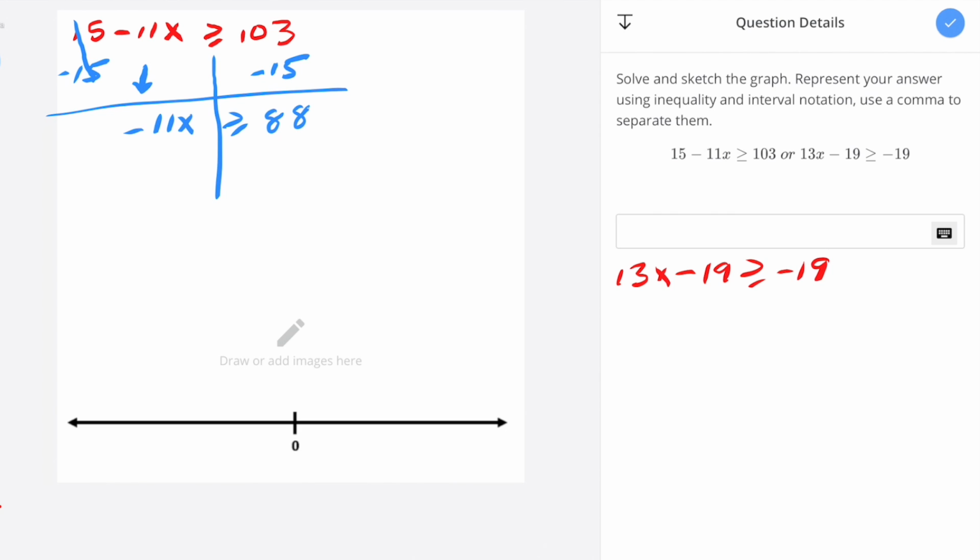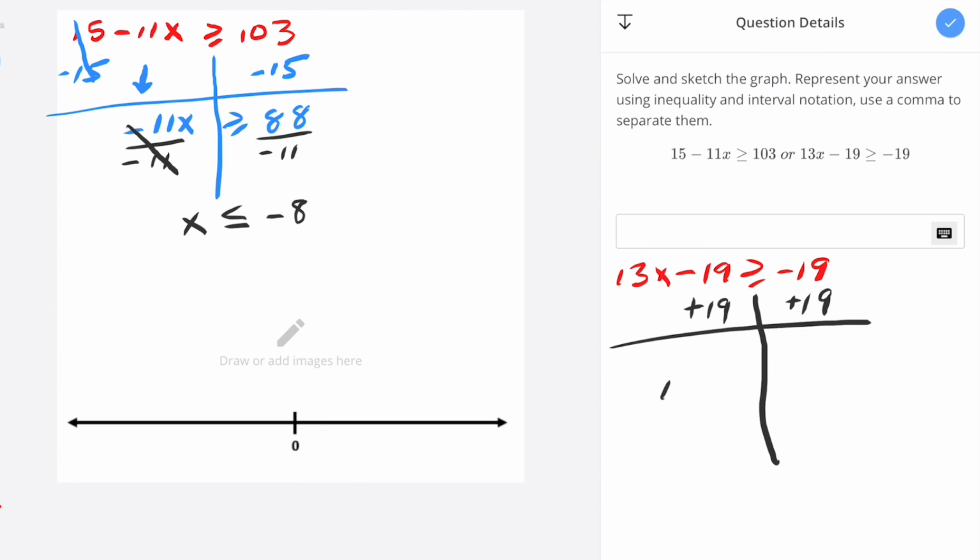All right. Then what I do next is I divide both sides by the coefficient of x, which is negative 11. X, flip, negative 8. The reason I flip is because the 11 is a negative, and you are dividing by a negative. Okay. And then we're solving for this side, which is the same exact thing. So 13x is bigger or equal to 0. X is bigger or equal to 0.